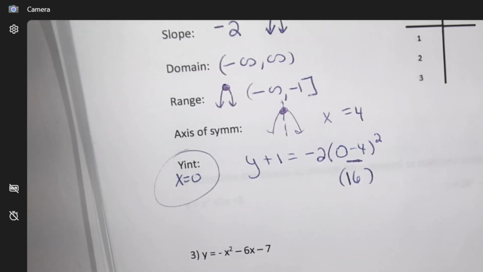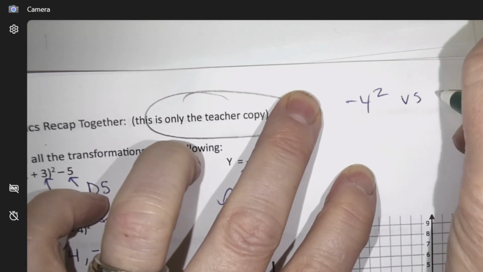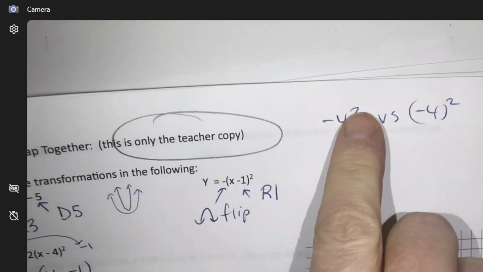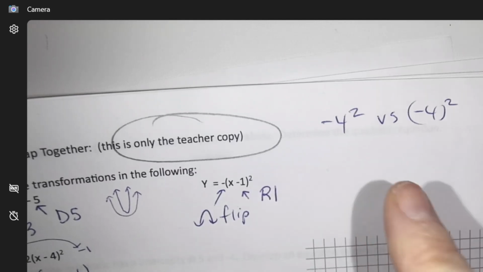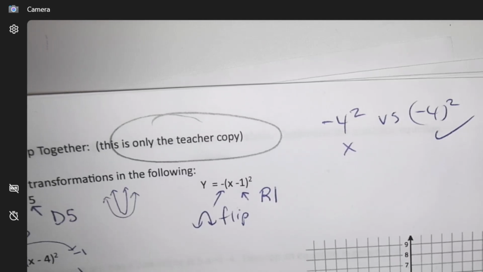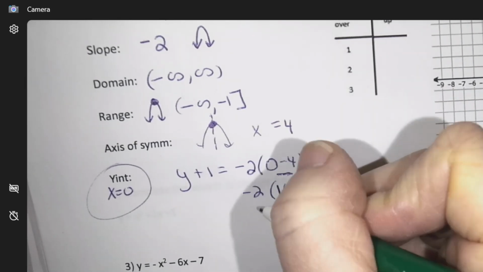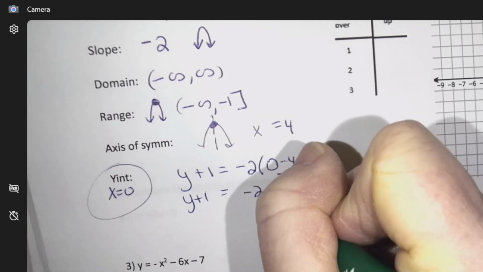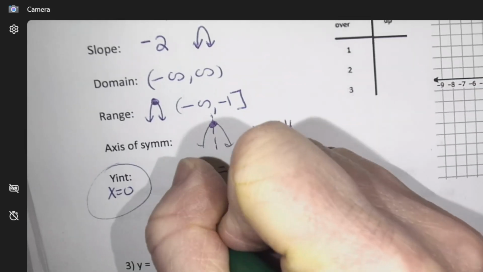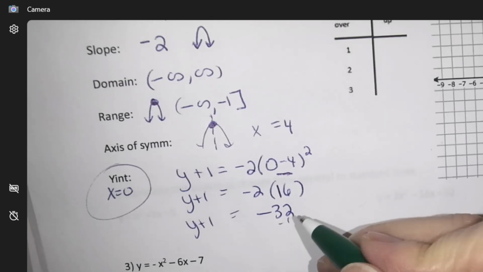Positive 16, right? Do you guys remember all that, negative 4 squared versus negative 4 squared, right? Which one do I want? I want that. This is not the same. If you're in your calculator, that's not the same thing. Times negative 2, so I'm at negative 32. And I still have to subtract 1.